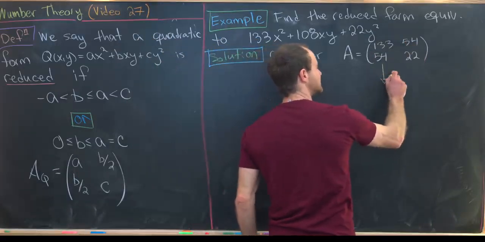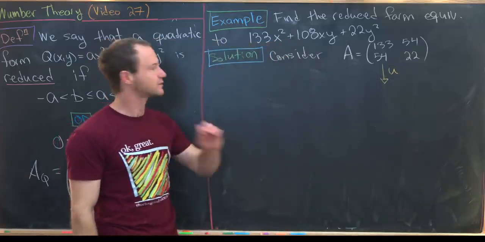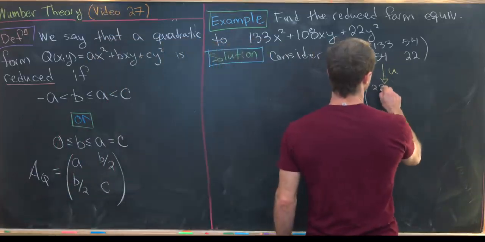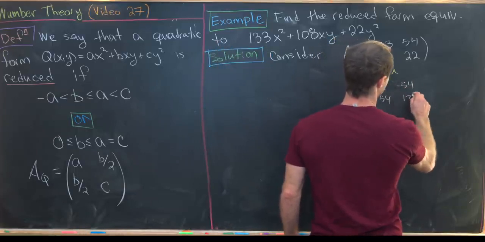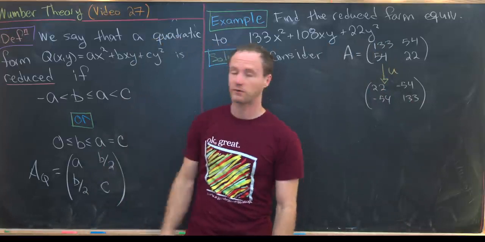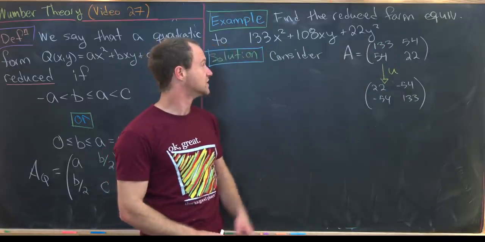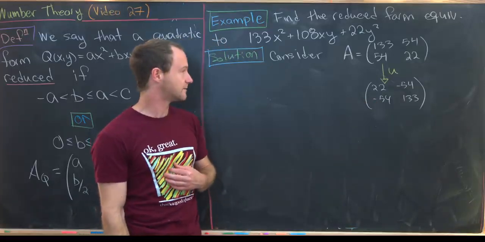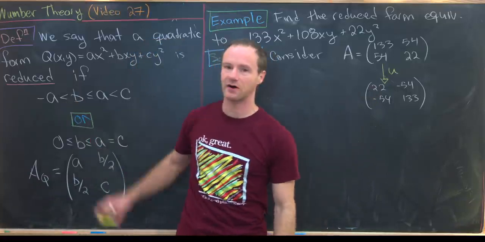So the first thing that we can do is apply U to switch those, because we always want the C component to be larger. So that'll give us 22, minus 54, minus 54, 133. And now our A and C components are in the right order, but our B component is in the incorrect range. So notice our B component now is minus 108, but that is smaller than negative 22 as allowed here.